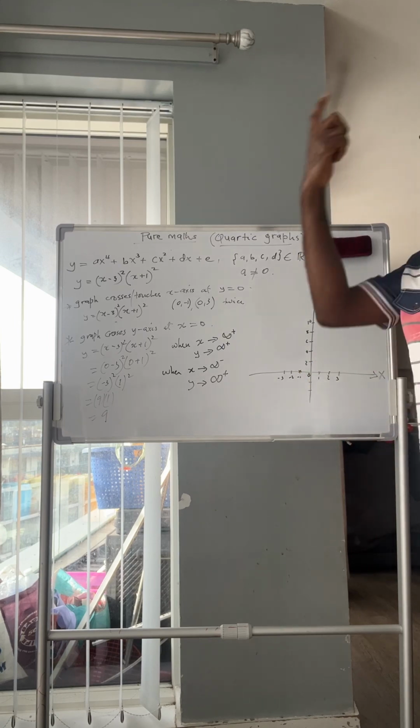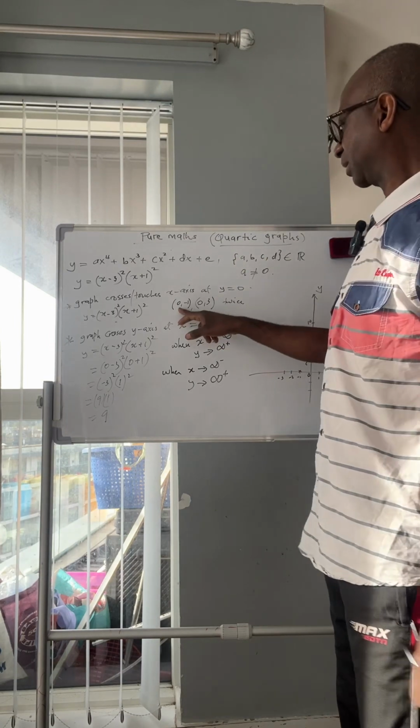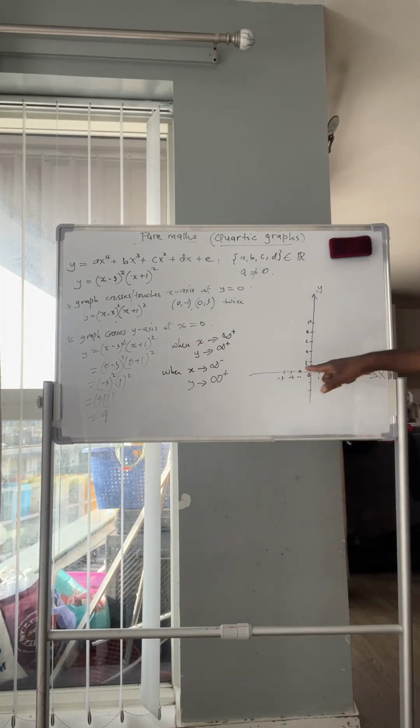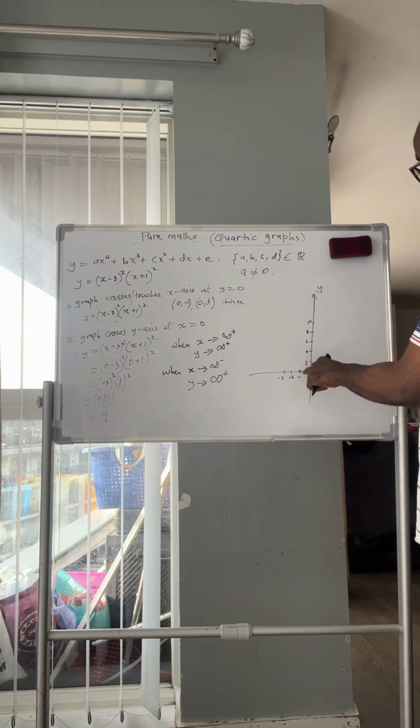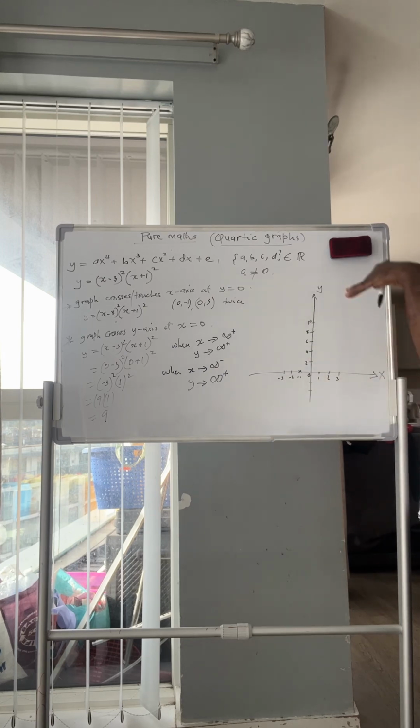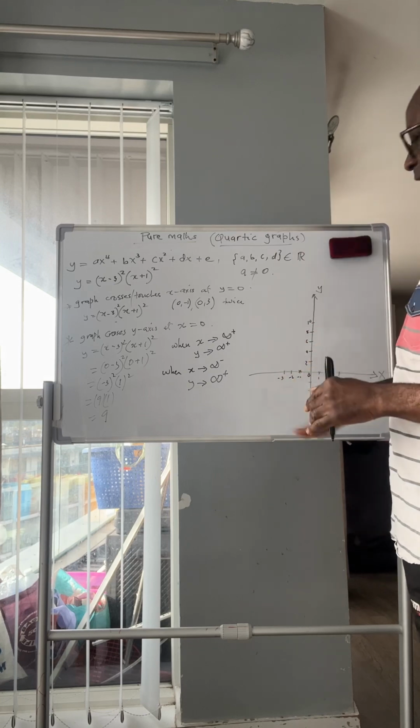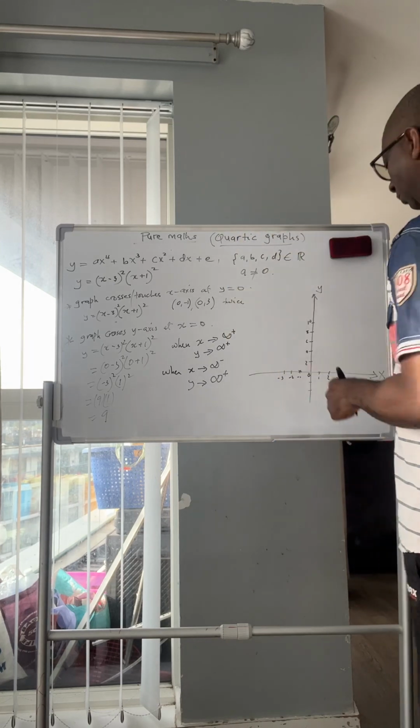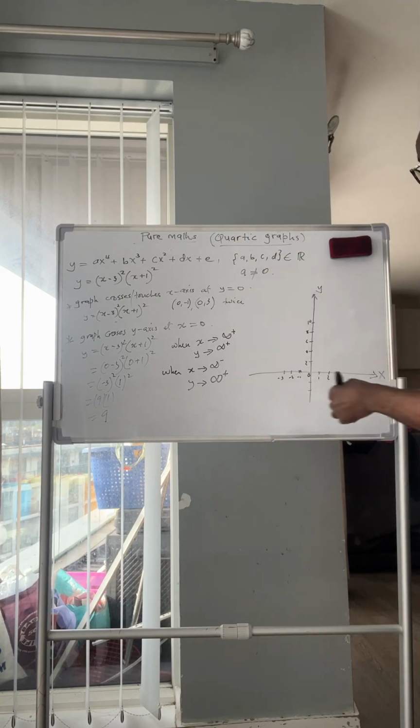It just touches it. That's the meaning. When you have two roots at the same point, it means this graph just touches the x-axis. It doesn't cross over it. It doesn't go through it. It just touches it, or it bounces. It just bounces and goes back up from wherever it is coming from.